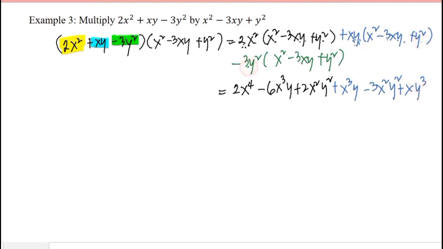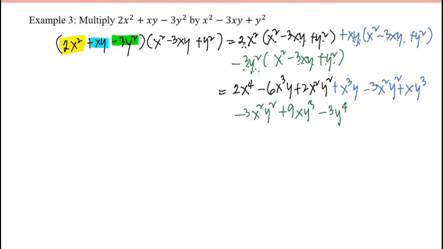And for this, you have negative 3, y squared times x squared, so that's x squared y squared. Negative 3 times negative 3 is positive 9. X, y squared times y is y cubed. And you have here negative 3 times 1 is negative 3. Y squared times y squared is y to the 4th.